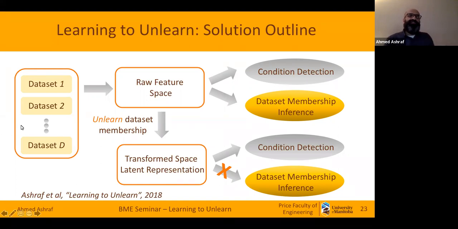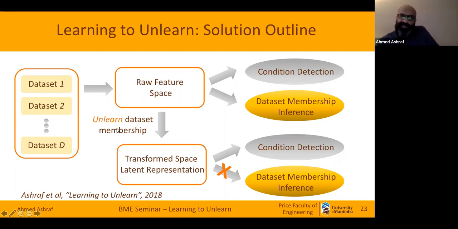So the whole idea here is this: let's suppose we have got data from different datasets, and this is our raw feature space. It could be images or it could be non-imaging data. In this raw space, of course, we can do dataset membership inference, and we can also do classification for our variable of interest, but we want to do something to our raw feature space. And that something is basically the heart of the method.